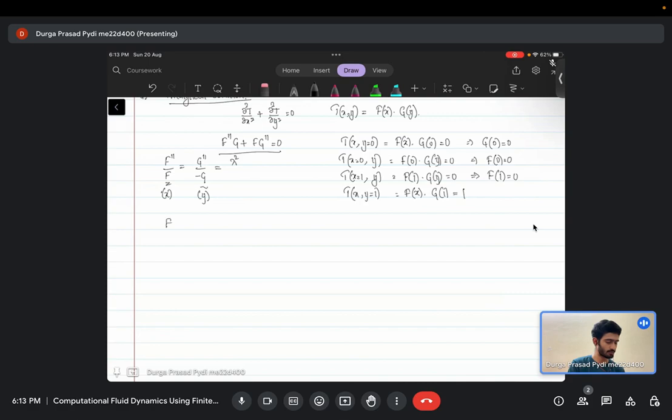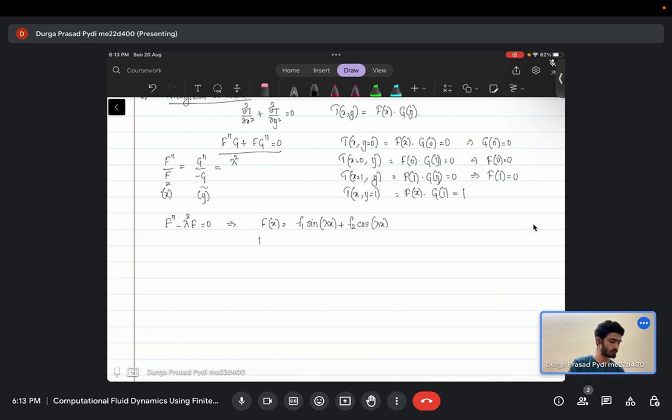So your equation becomes f double prime minus lambda square f equals 0. The solution of this equation, you have f of x equal to, say, f1 times sin lambda x plus f2 times cos lambda x.